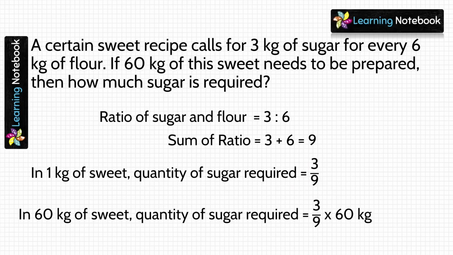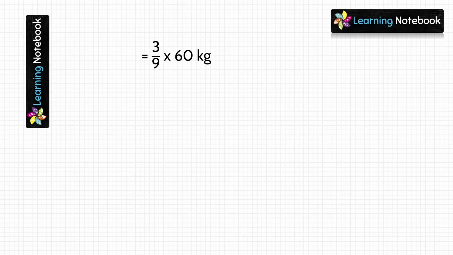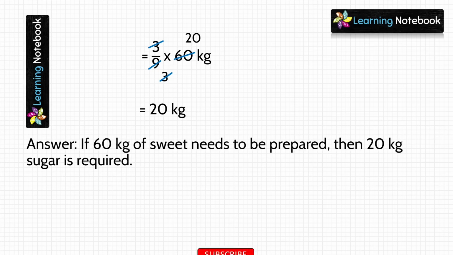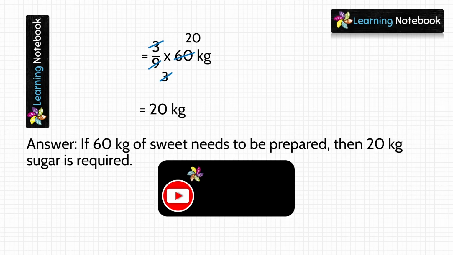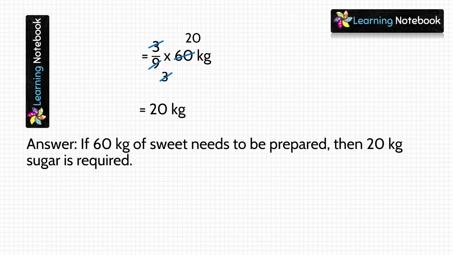So in 60 kg of sweet, the quantity of sugar required will be 3 by 9 into 60. Simplify this and we get 20 kilograms. So it means if 60 kg of sweet needs to be prepared, then 20 kg of sugar is required.